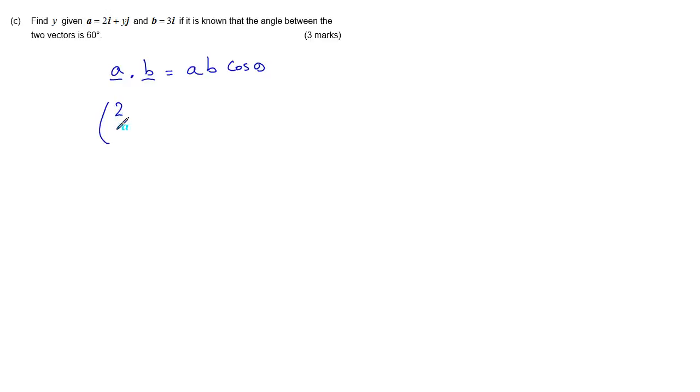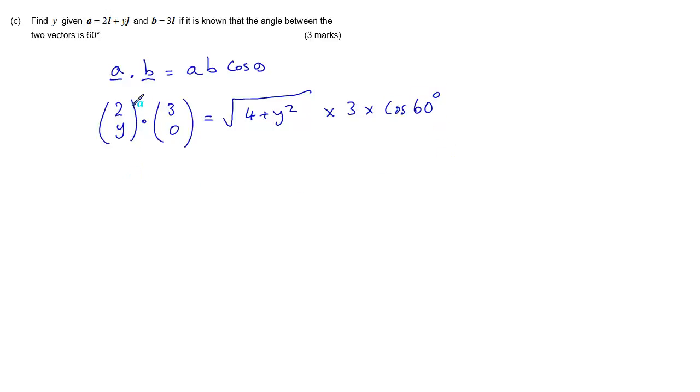So we have 2, y dotted with 3, 0, and that's going to be equal to, the magnitude of this one is root 4 plus y squared, the magnitude of this one is just going to be 3, and then we have the cos of 60 degrees. So expanding out, this gives us 6 plus 0, so that's going to be 3 multiplied by the square root of 4 plus y squared multiplied by a half.